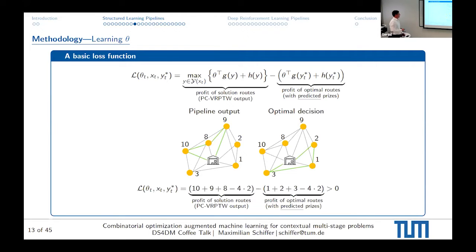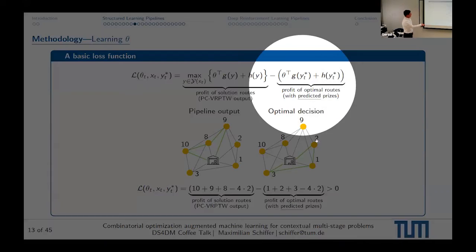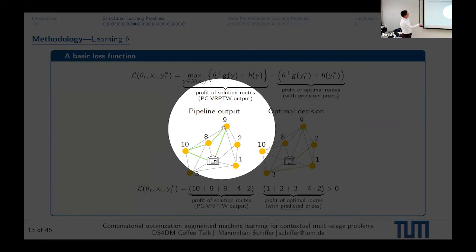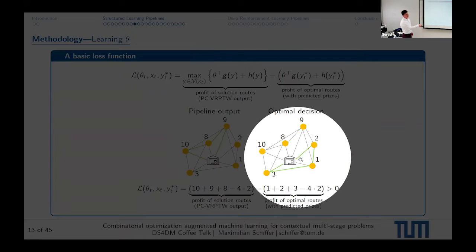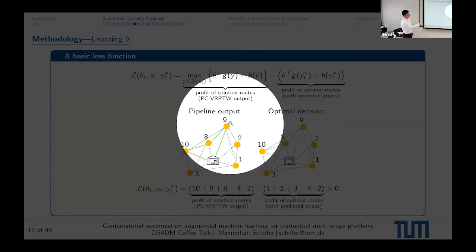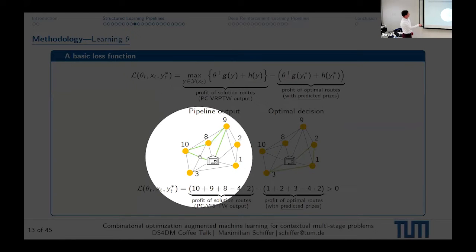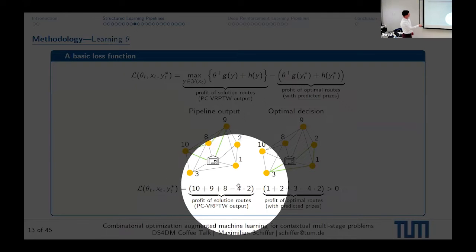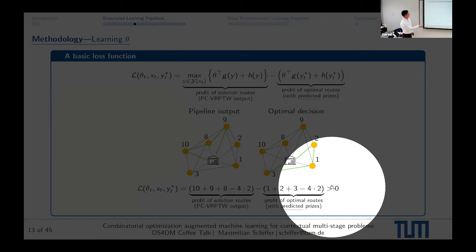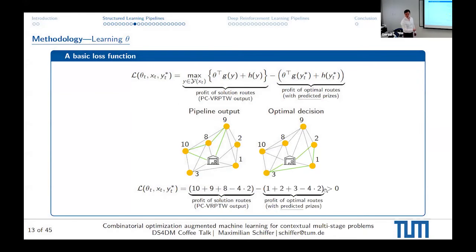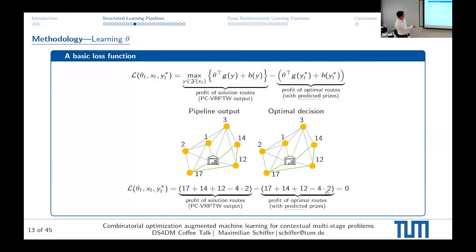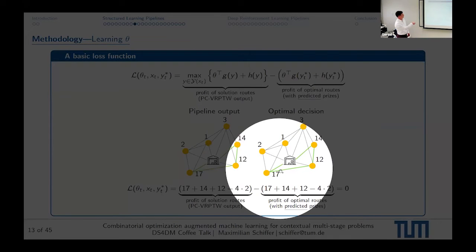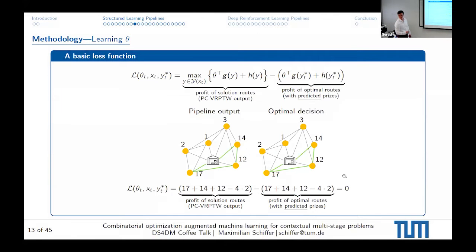So this is then what we get when we evaluate the loss, right? This here is fixed, assume that this is the optimal decision. Then we have phi that gives us some theta. So for the first part, we pass the parameterized instance into the combinatorial layer, solve it, get this solution, and this will trigger a different cost term here than here. So we will see a loss which is greater than 0 until we converge on learning phi such that we get prices that also give us the structure that we have fixed in the optimal training solution.